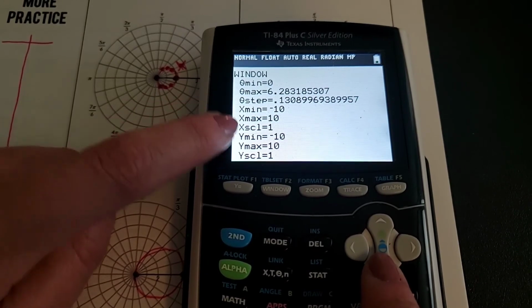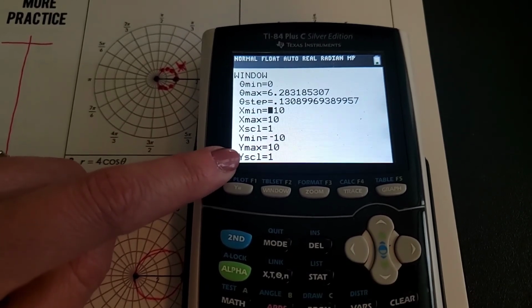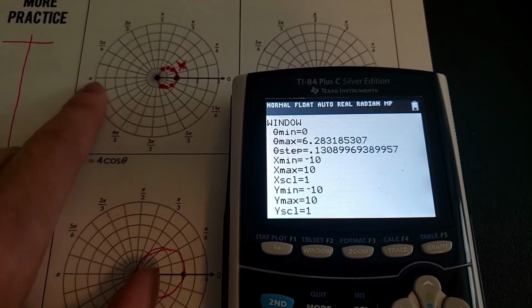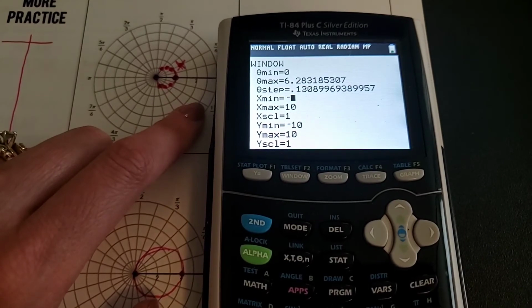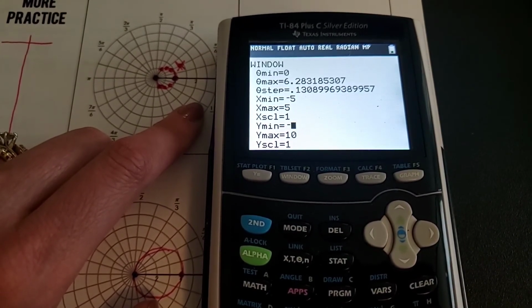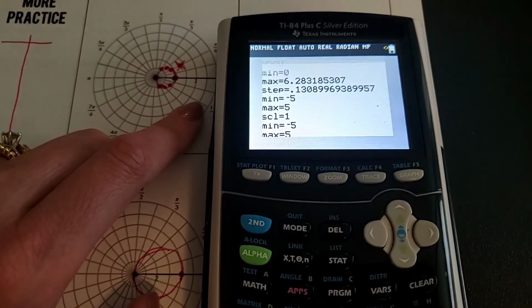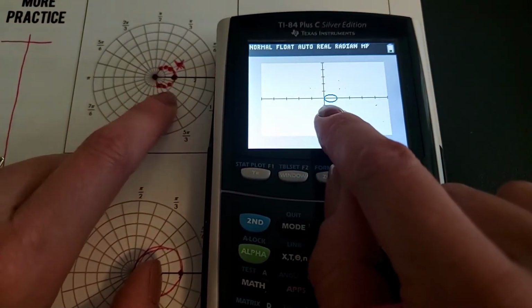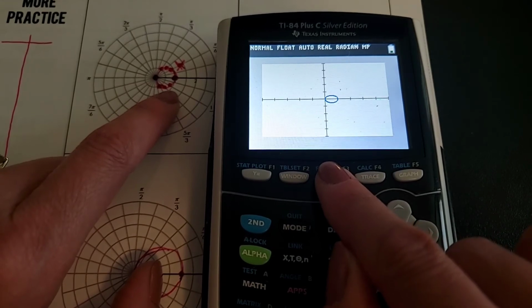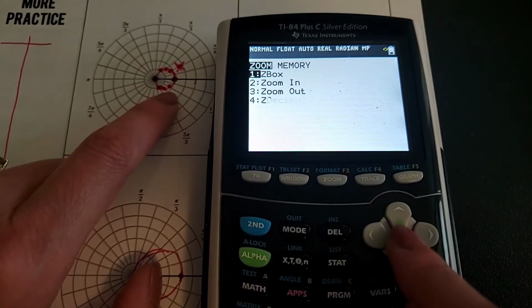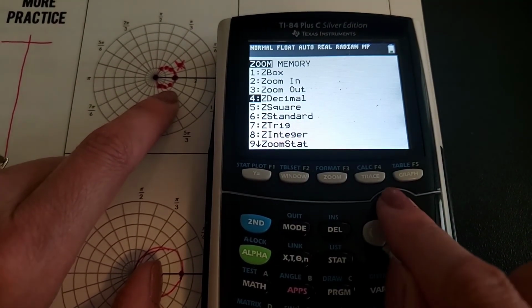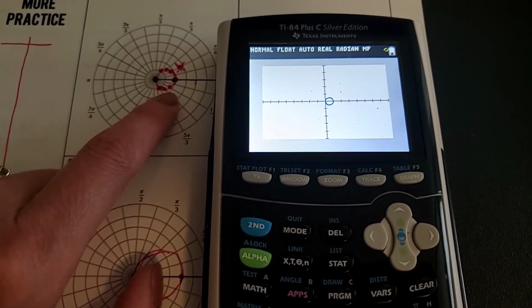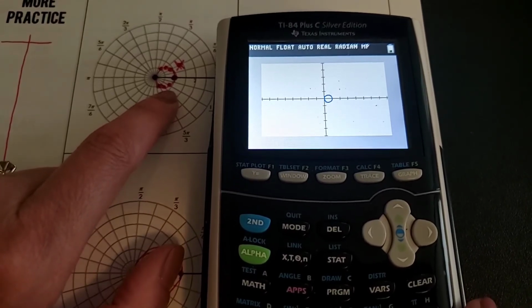And I can change the X min and X max to look like here. I'm going from -3 to 3. Maybe I'll go -5 to 5 in each direction so you can see. There it is. And it looks a little more egg-like than circle-like here, and that's because I've got a rectangular screen. You can actually change this to square up your window, and then you'll get a better picture. You can see that is, in fact, a circle.